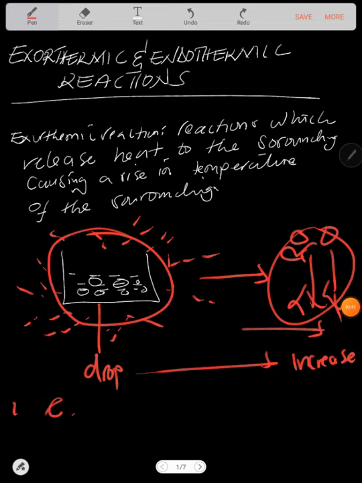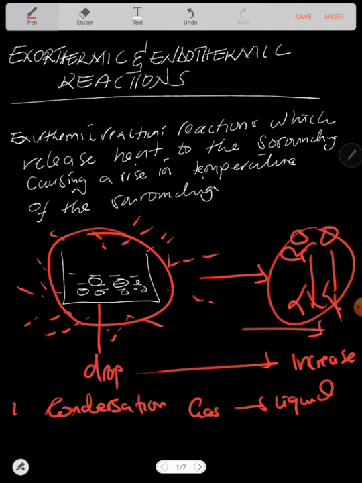So like I was saying, one of them is condensation, because it's a change from gas to liquid.